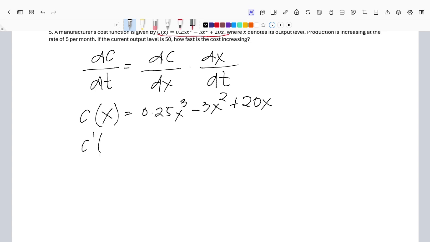Let's get its derivative. We have 0.75x squared minus 6x plus 20.